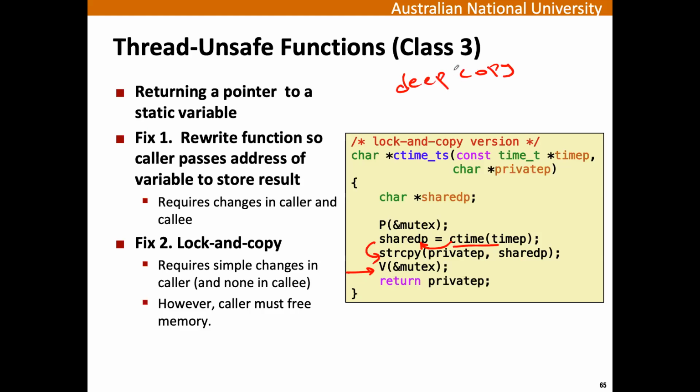If you have a struct that contains a pointer to another struct, and that struct contains a pointer to another struct, and you have these linked structures, then you need to traverse and copy everything, and that may be very expensive. So the thread-safe variants of some of the C library functions, you might notice at some point, are really very slow because of this reason.